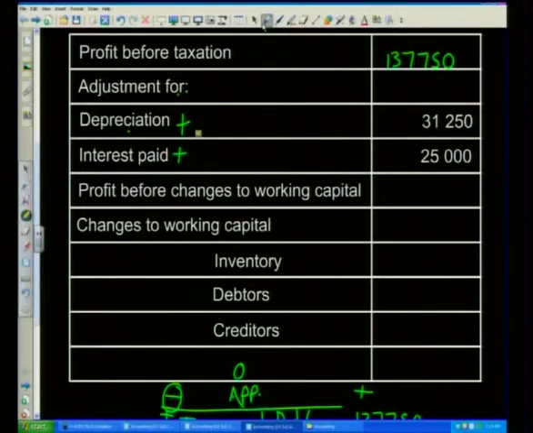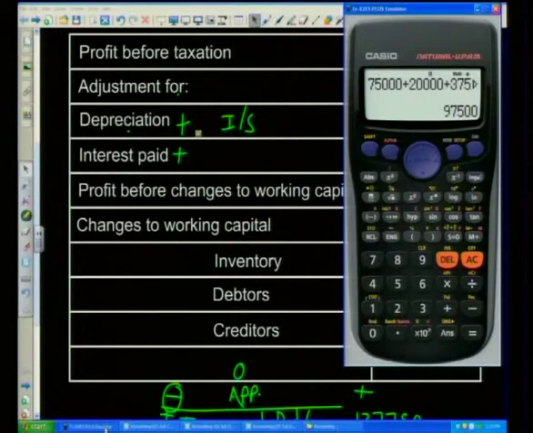Remember, I'm getting this from my income statement, the extract of the income statement. So depreciation, an amount of 31,250 is being added back, and then interest paid, 25,000, is also being added back. So let's get the calculator out again, and let's add on these amounts.